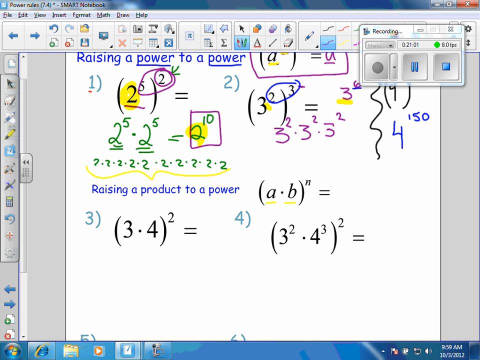Did you guys hear him? It's 3 squared times 4 squared, because if we went the long way, which we only like to do when we're trying to find patterns, there's two sets of 3 times 4. So it's going to be 3 squared times 4 squared.